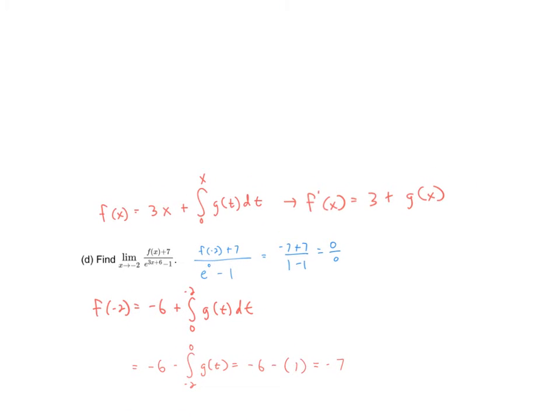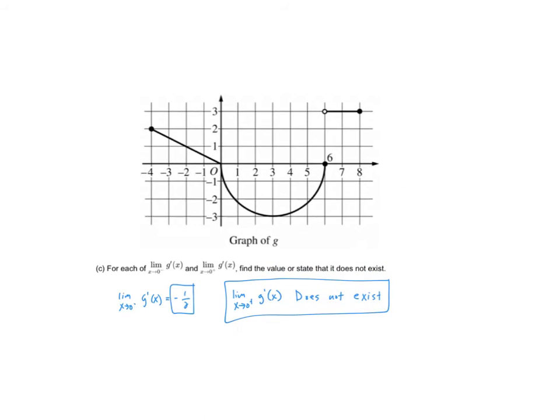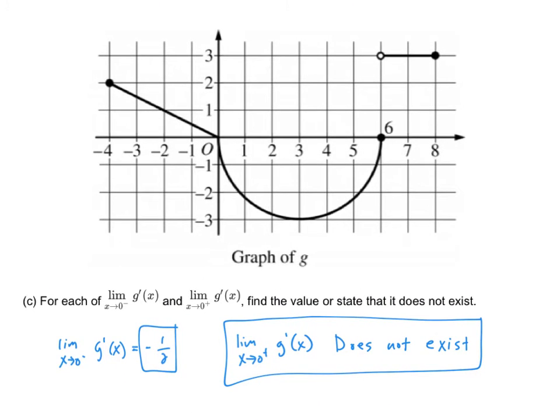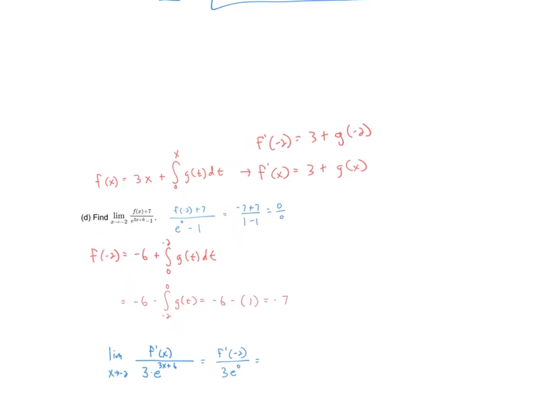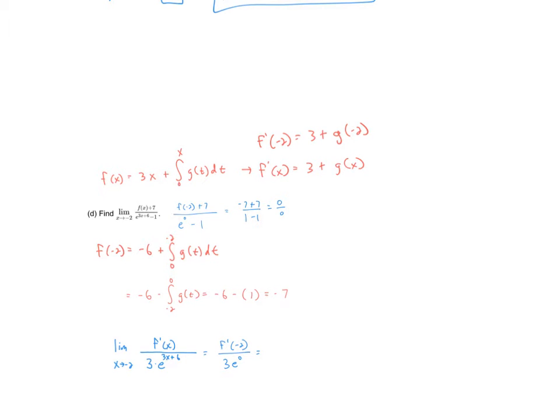So f prime at -2 is 3 plus g at -2. Okay, g at -2 is 1, so this just equals 3 plus 1, which is 4. And so now that means that f prime at -2 is 4. And so we'll replace that.